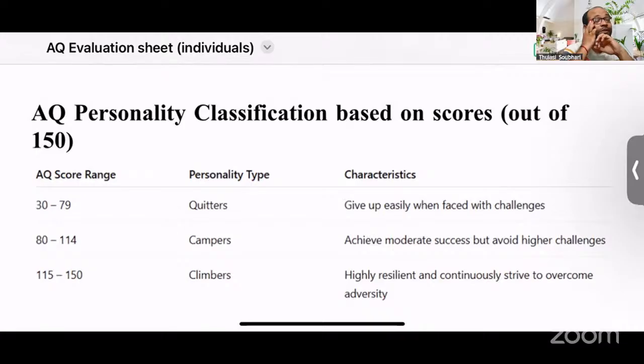There was a big debate among researchers whether one quotient is enough or you need to evaluate IQ and EQ separately. What was finally concluded is that if you take a test in AQ, it will cover IQ and EQ.